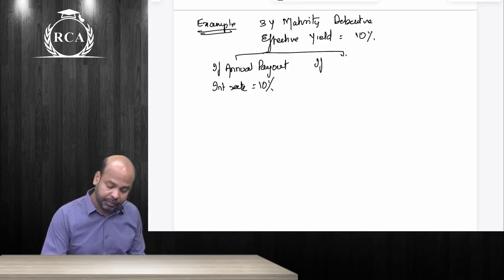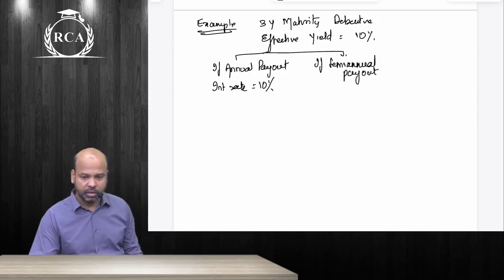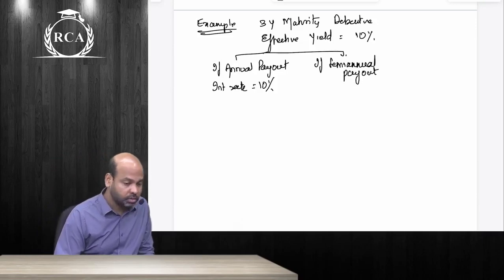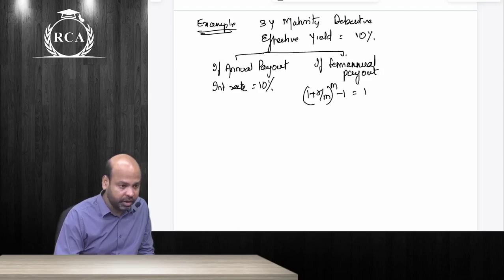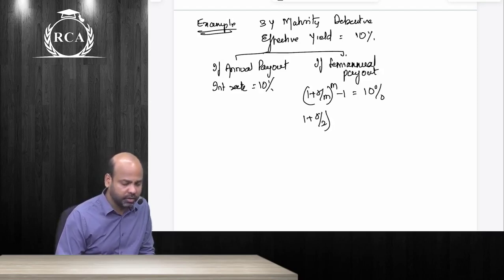What if it is a half yearly payout, a semi-annual payout? What will they do? (1 + r/m)^m - 1 should be effectively equal to how much? 10%. You do not know the interest rate. You do know that the number of compounding periods in a year is 2.